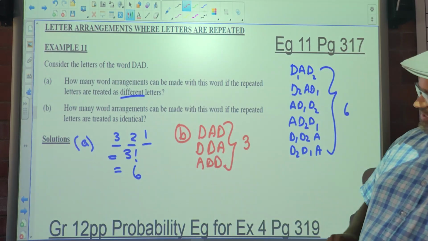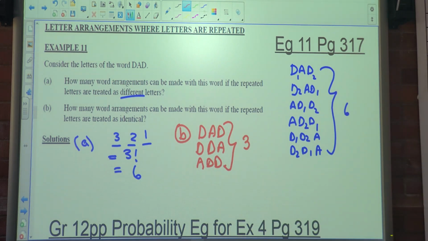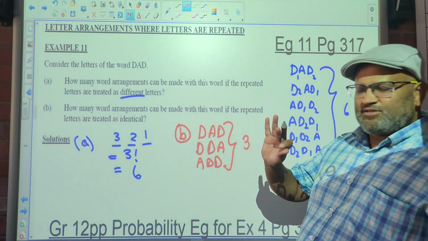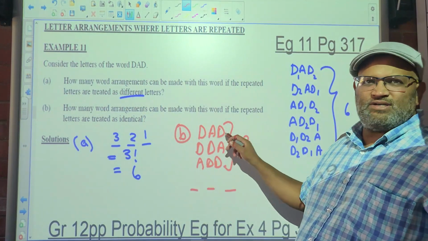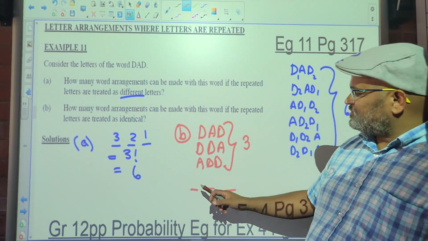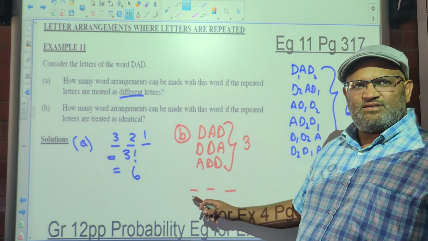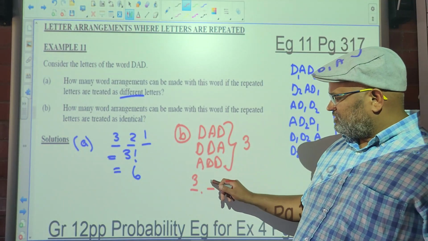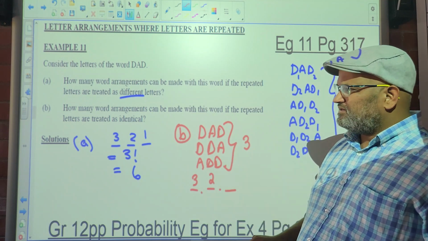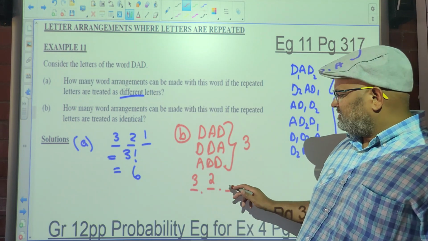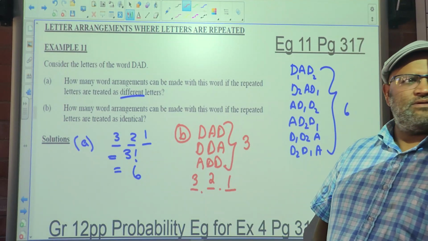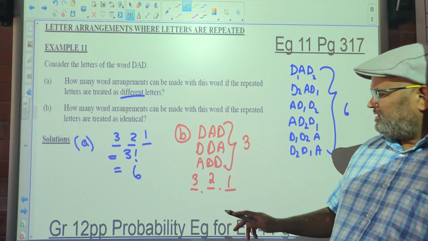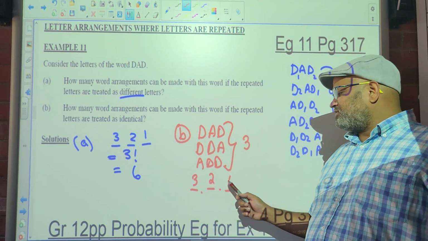Now if you say, okay, how can we apply factorial here? You might say, okay, how many bits would we have here? 3 bits. So it's 3 letter words we make. How many options do I have for the first case? Of the 3 letters? 3. Then 2. Then 1. 3 times 2 times 1 is 3 factorial.